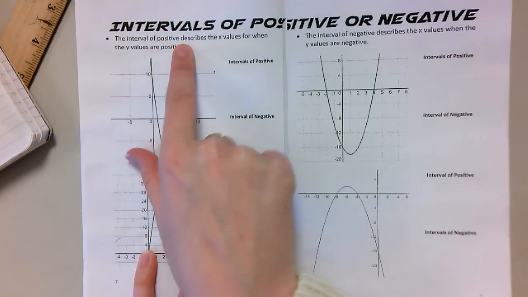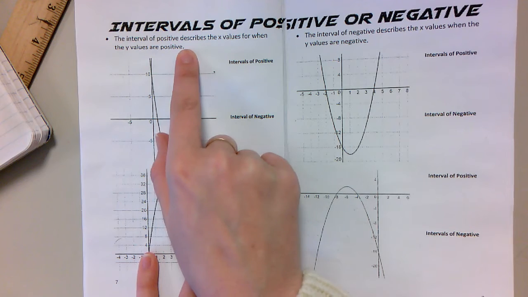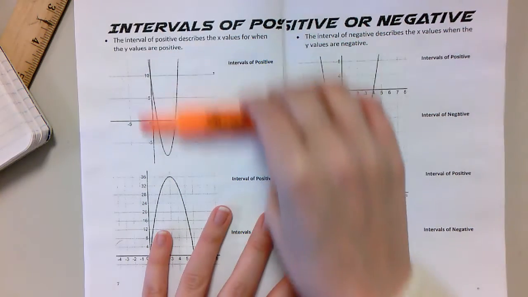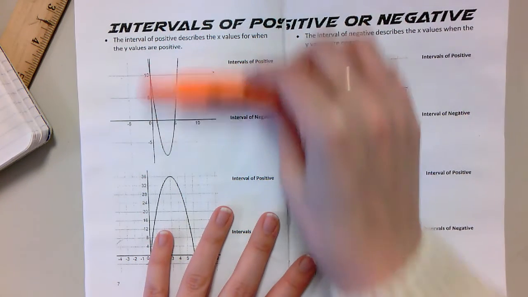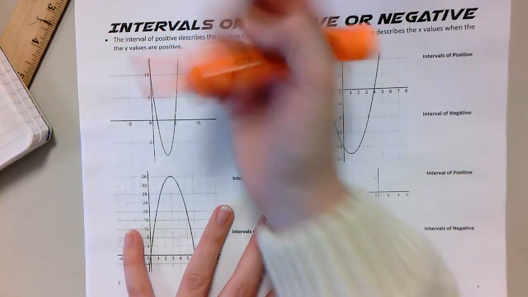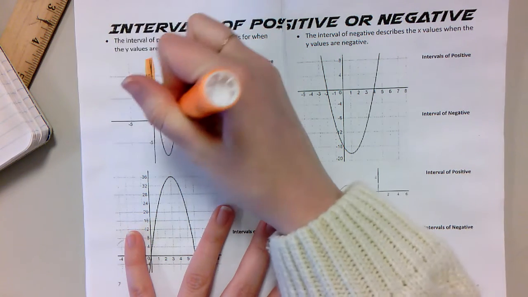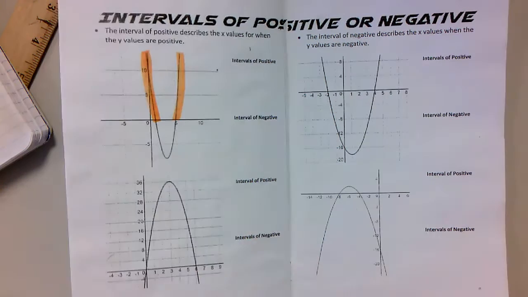The interval of positive describes the x values for when the y values are positive. So let's look on this graph and say, where is the y value positive? Okay, well, if we know that the y values are up and down numbers, right? 0, 5, 10, these are y values. Well, all of these coordinates have positive y values, right?